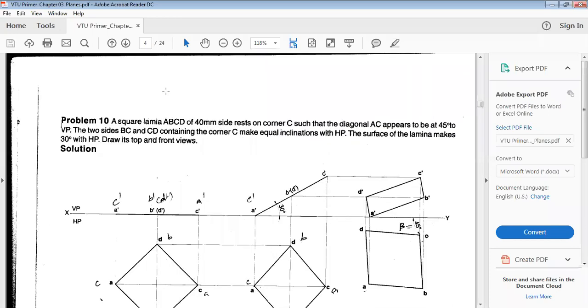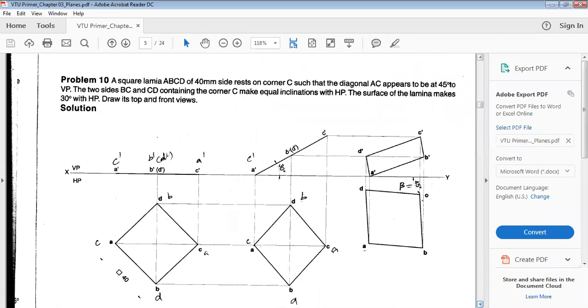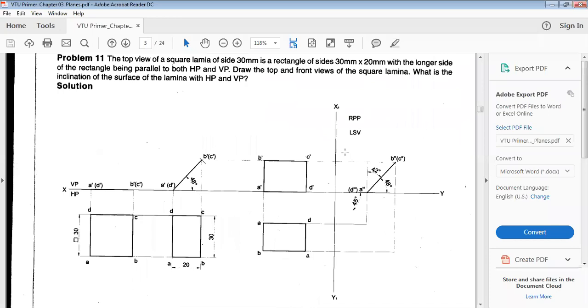It is making equal inclination, so this is equal inclination with respect to HP, right? Just to confuse you, they will give it to you like this. The surface of the lamina makes 30 degrees with HP and 45 degrees to VP. Since the diagonal is making inclination, again it comes under a beta problem as it is resting on HP, right?